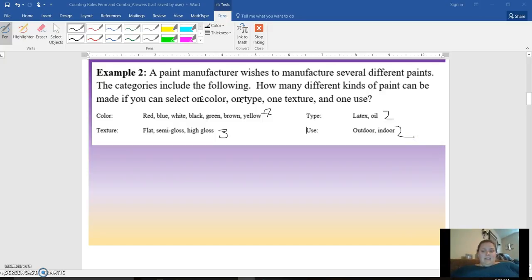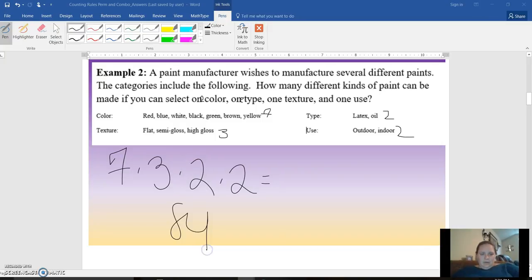That's a huge tree diagram if we have to make one. Or we could do 7 times 3 times 2 times 2. I'm going to stick it in my calculator. We get 84 different kinds of paint.